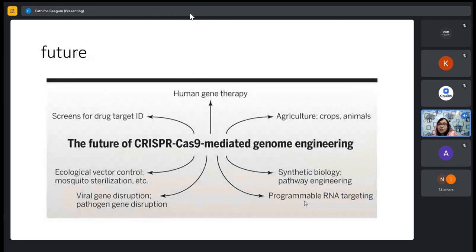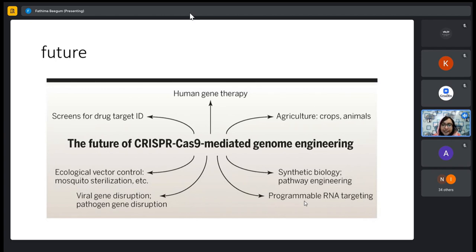The future, as I told you, is immense for different diseases, for various disorders. CRISPR can cure the disorders, but there are technological as well as ethical hurdles. Those have to be properly corrected. Then only we can move forward.